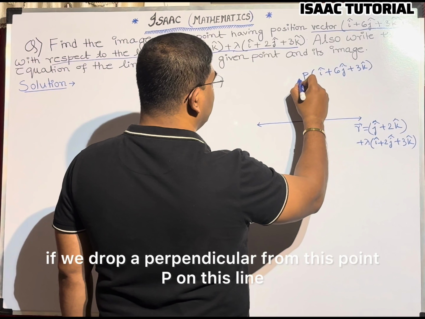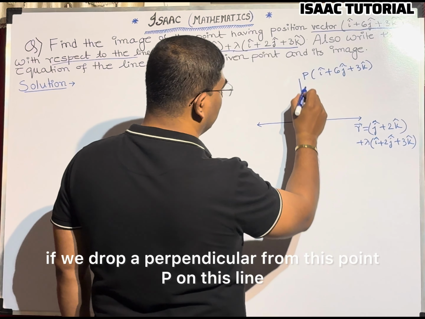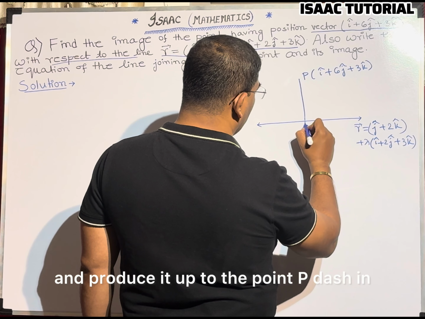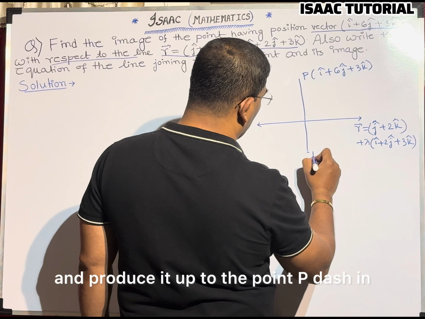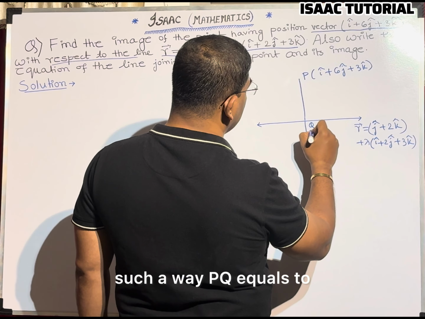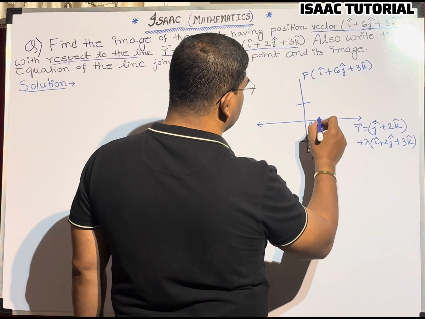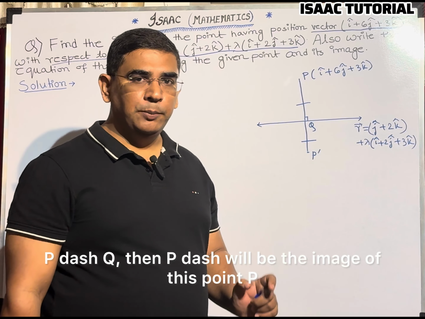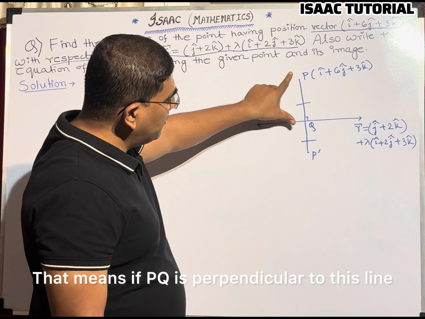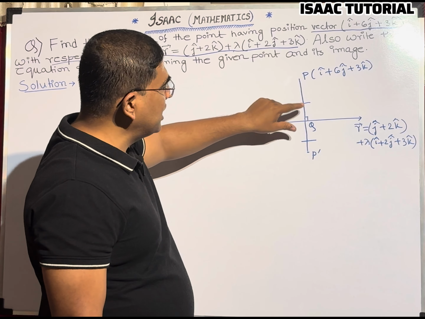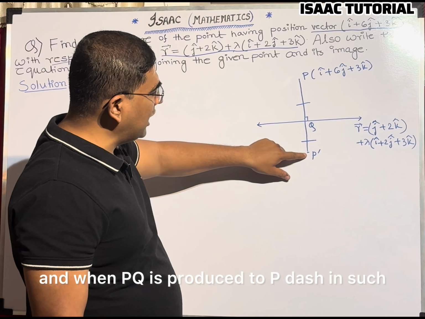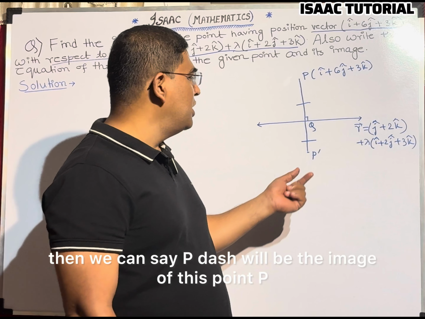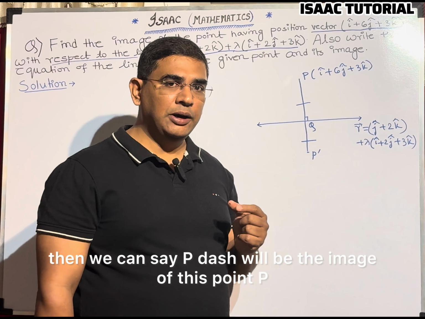Now, if we drop a perpendicular from this point P on this line and produce it up to the point P dash in such a way that PQ equals P dash Q, then P dash will be the image of this point P. Okay, that means if PQ is perpendicular to this line and when PQ is produced to P dash in such a way that PQ equals P dash Q, then we can say P dash will be the image of this point P. Okay.